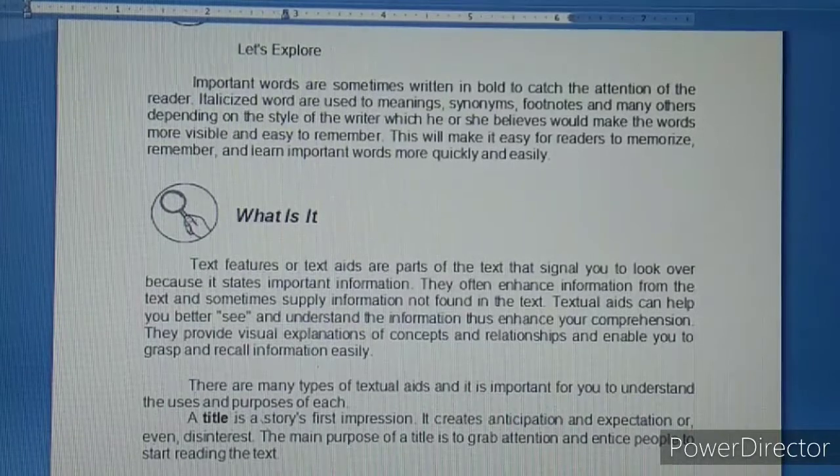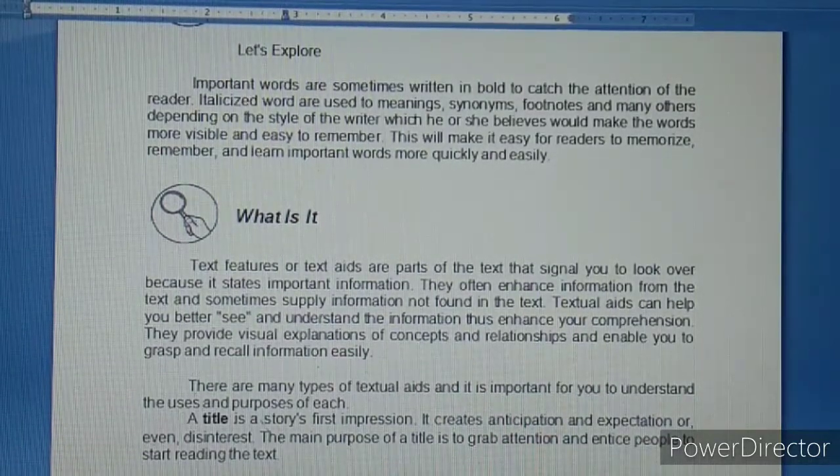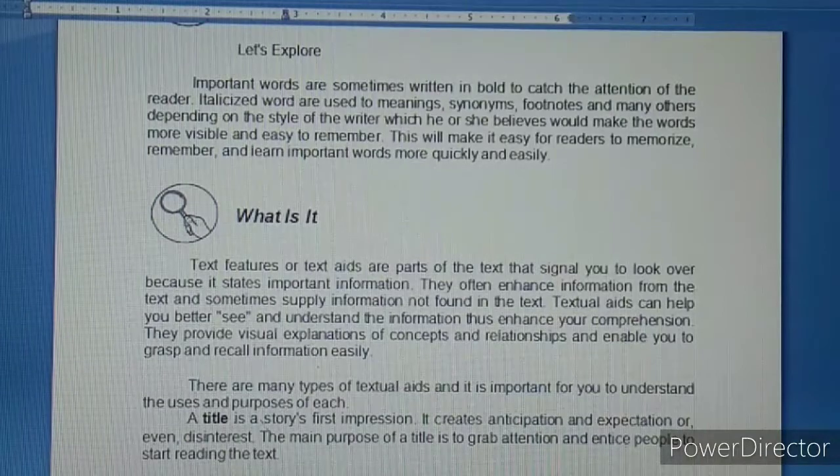Now let's explore. Important words are sometimes written in bold to catch the attention of the reader. Italicized words are used to show meanings, synonyms, footnotes, and many others depending on the style of the writer, who believes it would make the words more visible and easy to remember. This makes it easy for readers to memorize and learn important words.